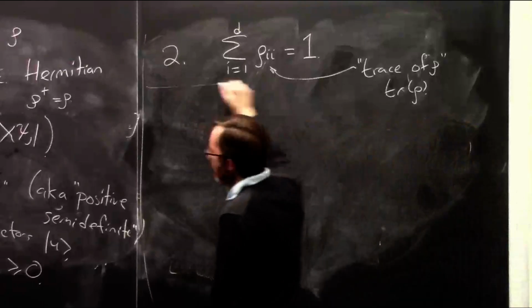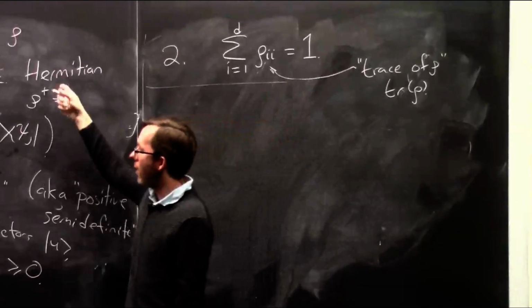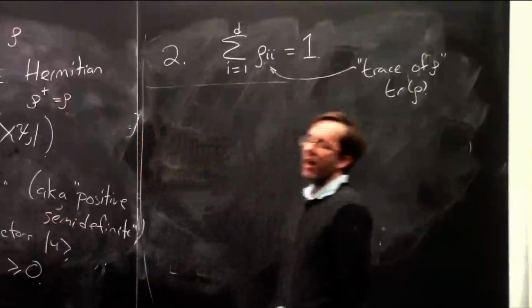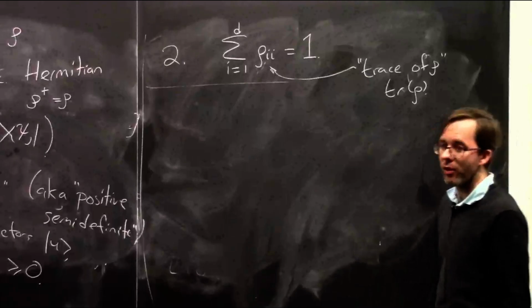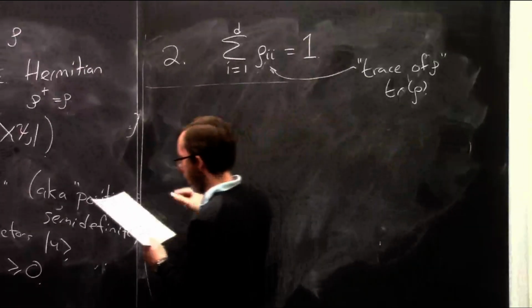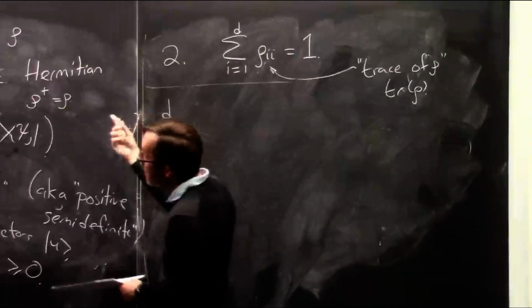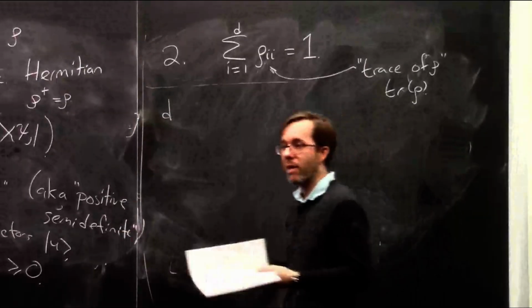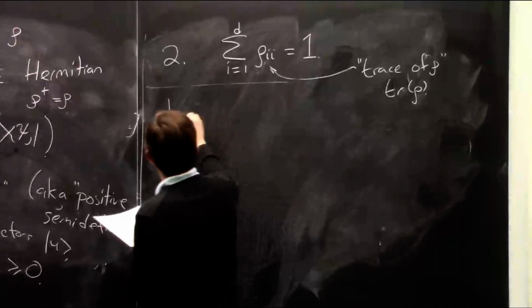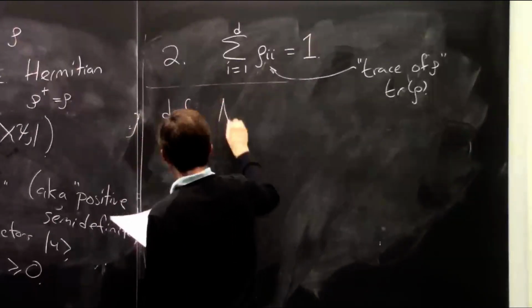Great. So I've convinced you that density matrices satisfy properties 0, 1, and 2. Let me just assure you, and we'll indirectly see this as we go along, the converse is also true. Namely, that any matrix that satisfies these properties is the density matrix for some mixed state. First, I'll just make a definition.